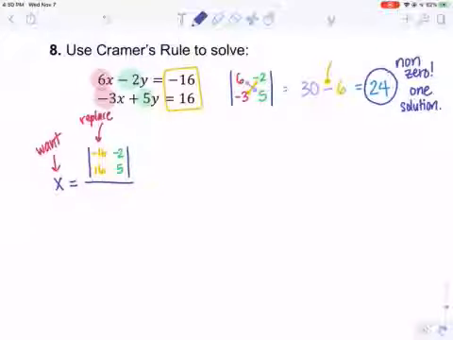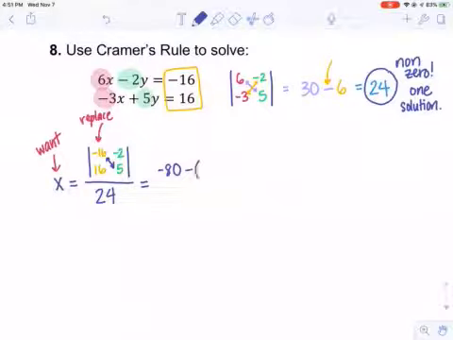Okay, so that's our numerator, the determinant of that new matrix. And the denominator is the non-zero determinant we originally found, which is 24. And that's our x coordinate. So we'll go ahead and take the determinant to find it. So we'll say, okay, -16 times 5, and that gives us -80, minus 16 times -2, which is -32, over 24.